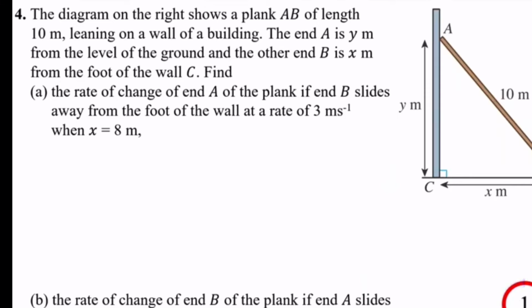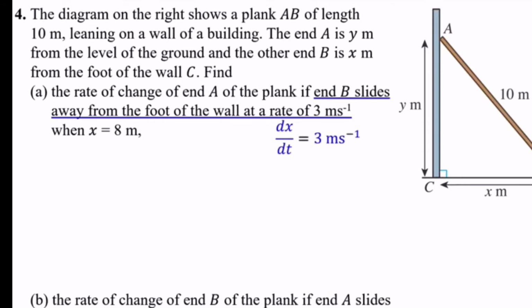The end A is y meter from the level of the ground, and the other end B is x meter from the foot of the wall C. Find the rate of change of A on the plank if B slides away from the foot of the wall at the rate of 3 meters per second.